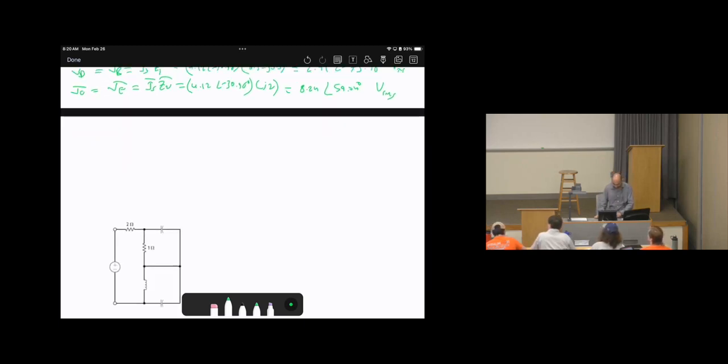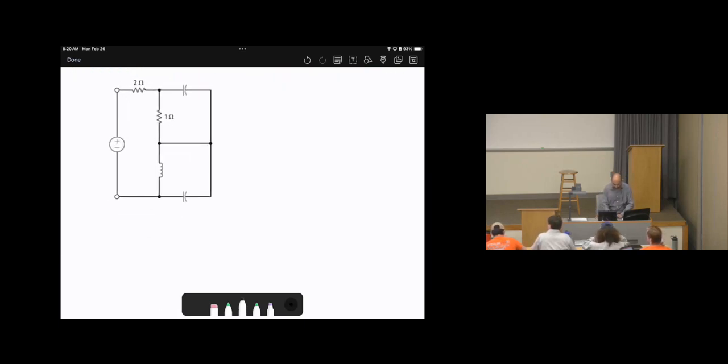Okay, let's go to the circuit, which is the same circuit, which is 12 angle 0 degrees. And this is negative J1. This is J1, negative J2. And the currents, this was I source. This was I1 bar, I2 bar, I3 bar, I4 bar.